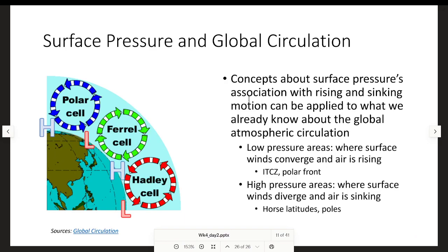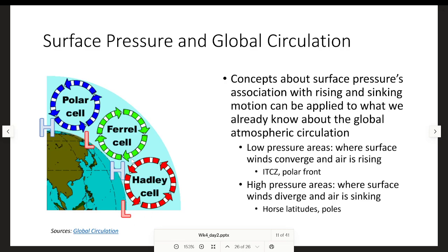Okay, so concepts about surface pressure. Concepts about surface pressure's association with rising and sinking motion can be applied to what we already know about the global atmospheric circulation. At the ITCZ where the Hadley cells meet, you have this rising motion, and it's going to form a surface low.